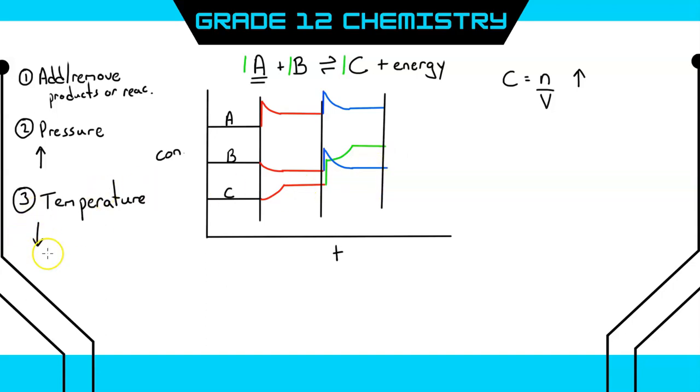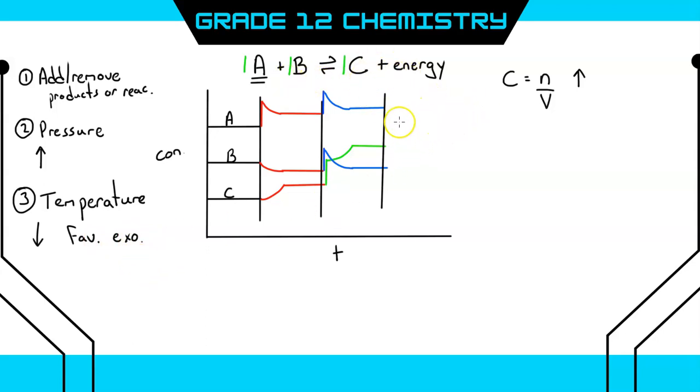So if I decrease the temperature, what I've essentially done is give less energy from the surroundings to those endothermic reactions. So if temperature decreases, we end up favoring the exothermic reaction. In this case, that is our forward reaction.